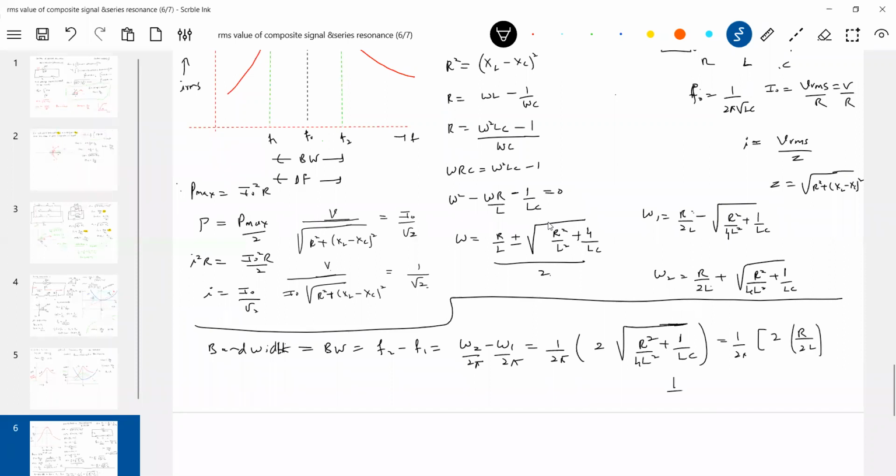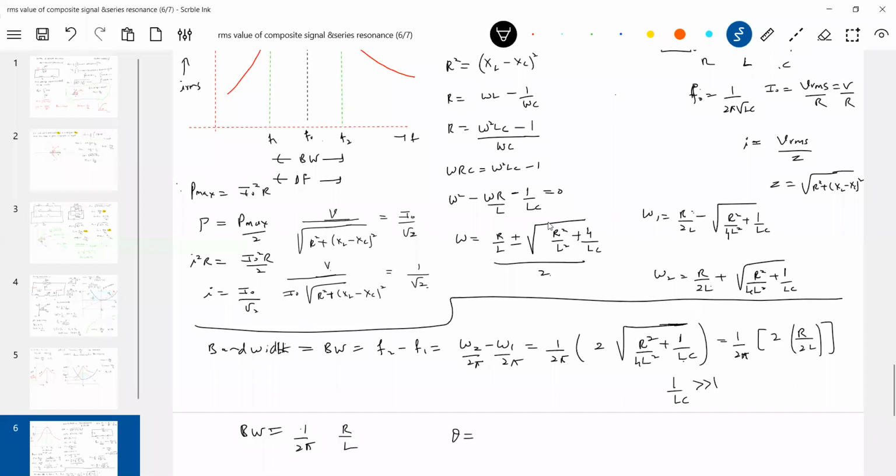So here 1 by LC will be very much greater than 1, so this will become negligible. So this is the approximation we are making here. So finally, how much is the bandwidth? It is equal to 1 by 2 pi R by L.